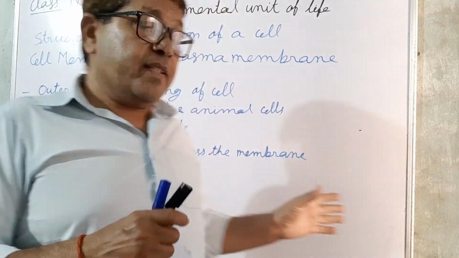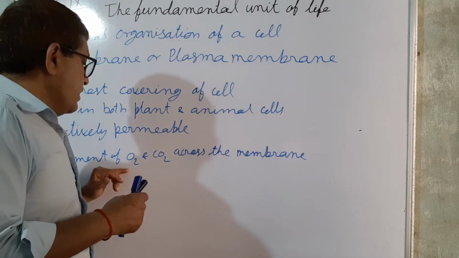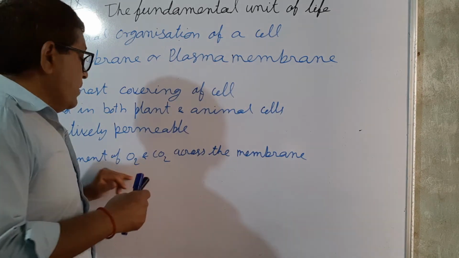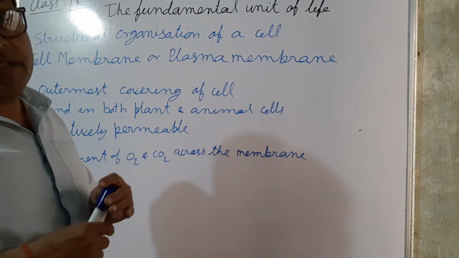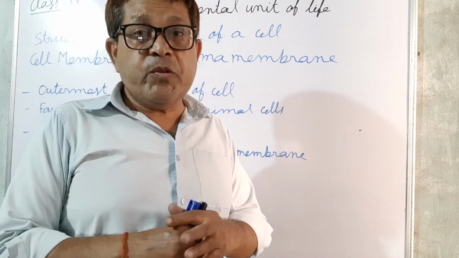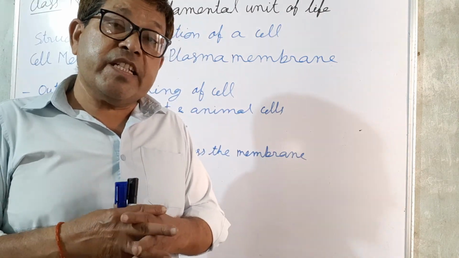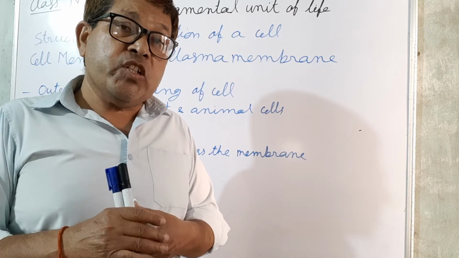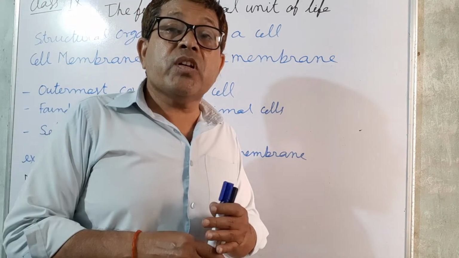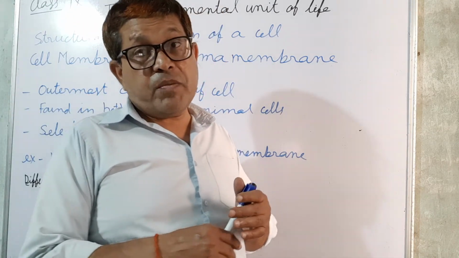Diffusion takes place in plants as well as animals. By diffusion, exchange of gases takes place, meaning exchange of carbon dioxide and oxygen.